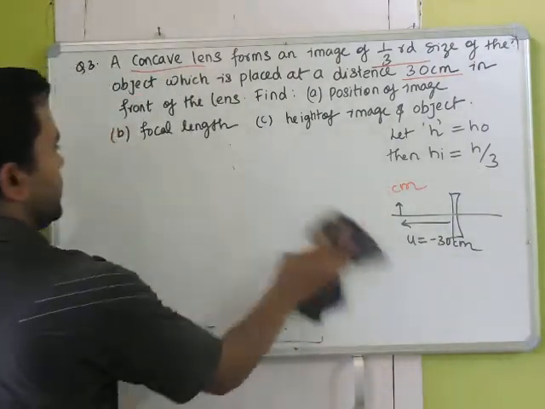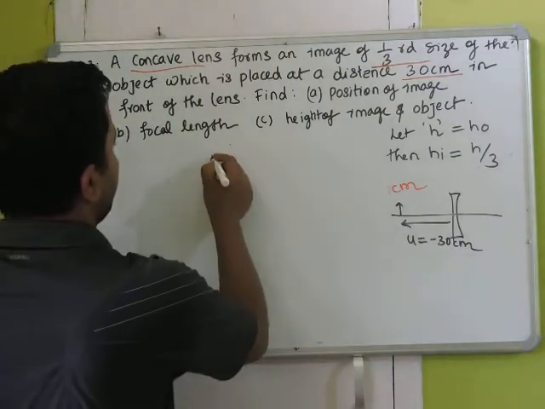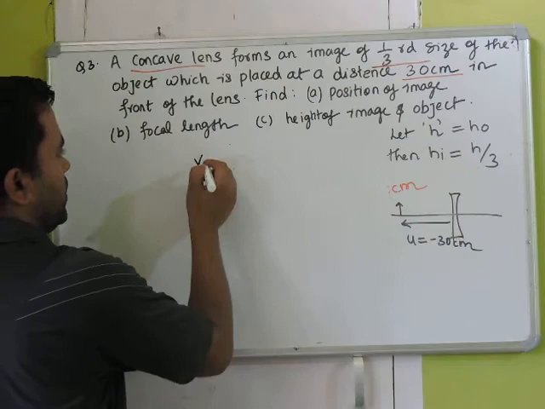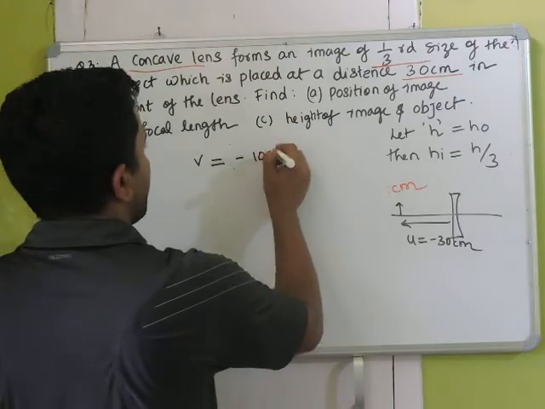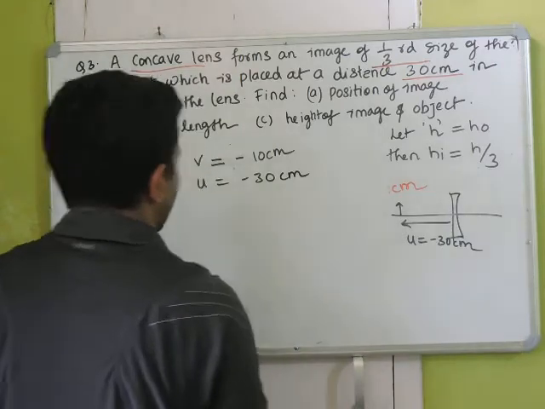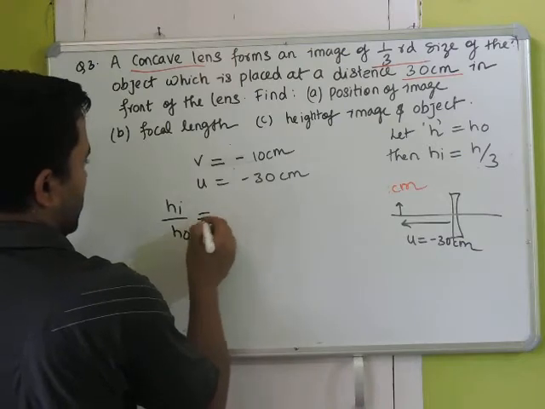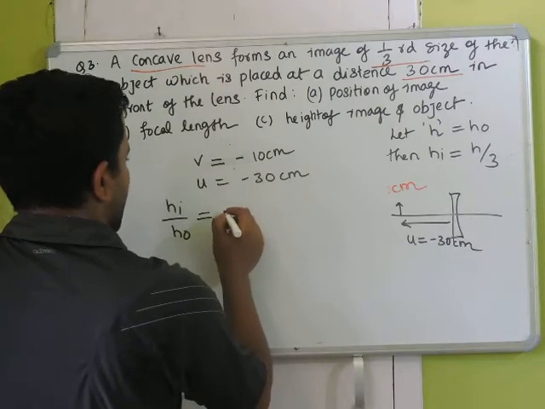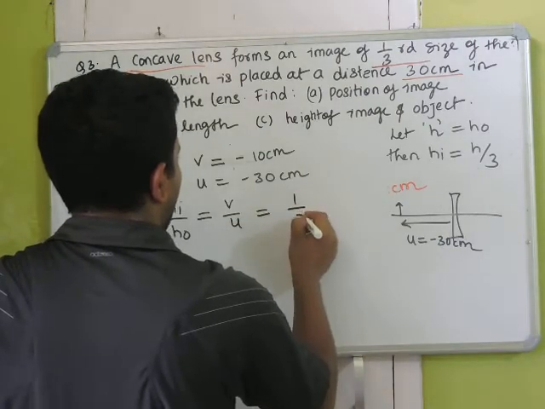So as we know that v is -10 and u is -30, we can work it out. hi by ho will be nothing but v by u, so this will be 1 by 3.